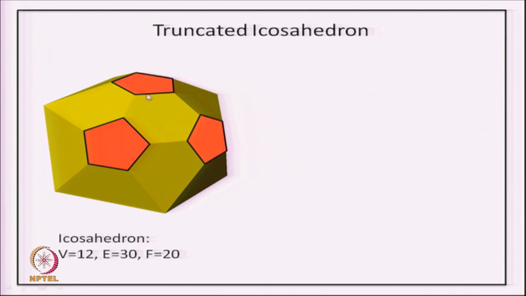The chopping is done in a way that what remains of the original triangular face is now a regular hexagon. If I chop off all the 12 vertices of the icosahedron, I will get 12 pentagonal faces, and there will also be hexagonal faces corresponding to the original 20 triangular faces.